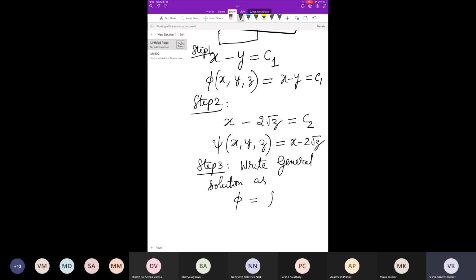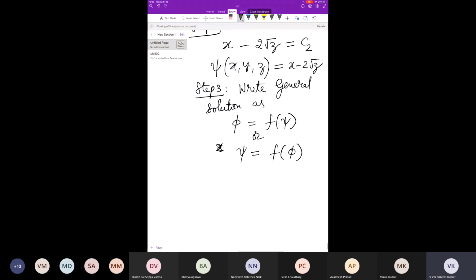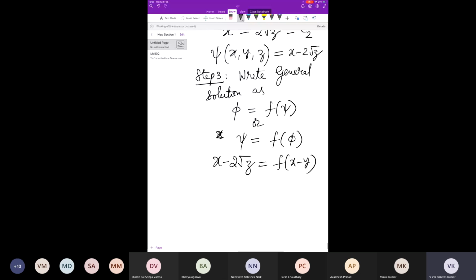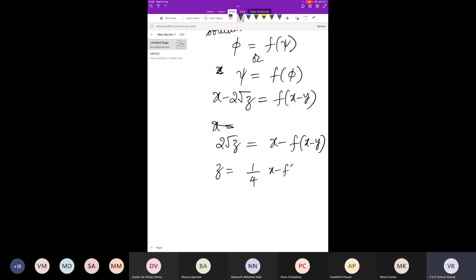Or psi is equal to a function of phi. So x minus z is equal to f of x minus y, or 2 root z is equal to x minus f of x minus y, or z is equal to 1/4 of (x minus f of x minus y) squared.